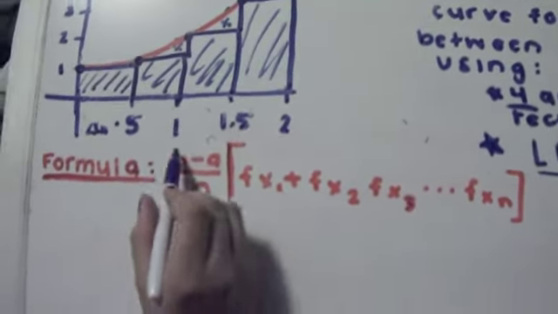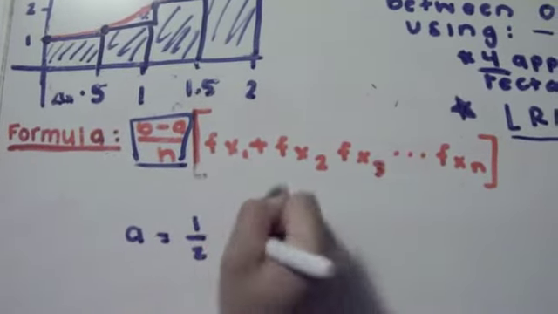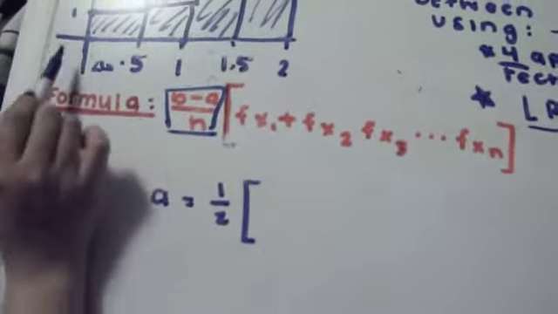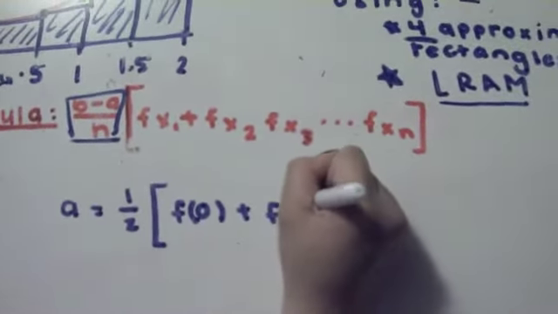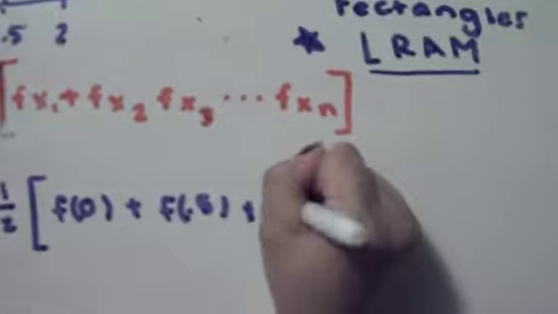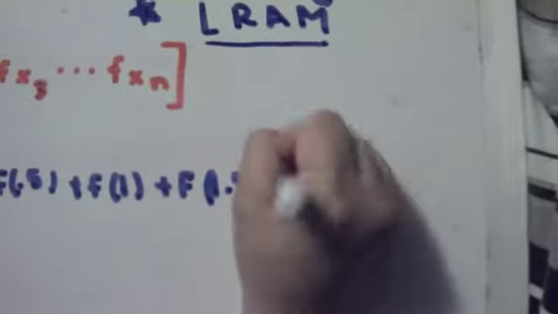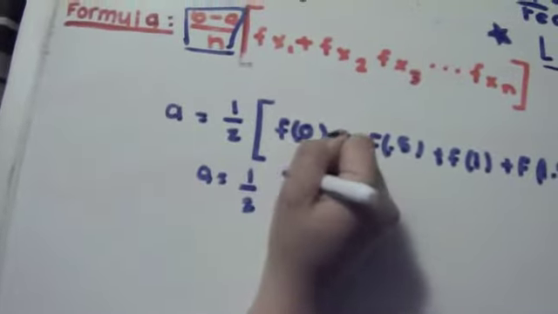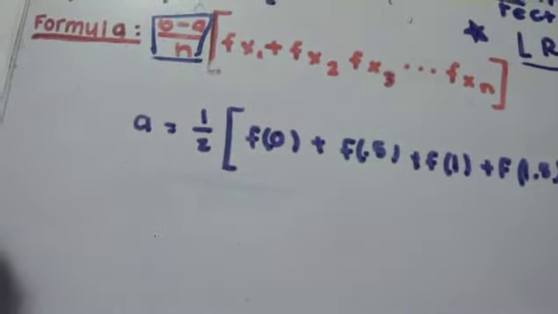Okay, so we already found this earlier, and again, that's 1/2. So area equals 1/2 times f of x to subinterval 1, which as you could tell is 0. So f of 0 plus f of 0.5, because that's the second one, plus f of 1 plus f of 1.5. Before that we have to find the y values of each again.